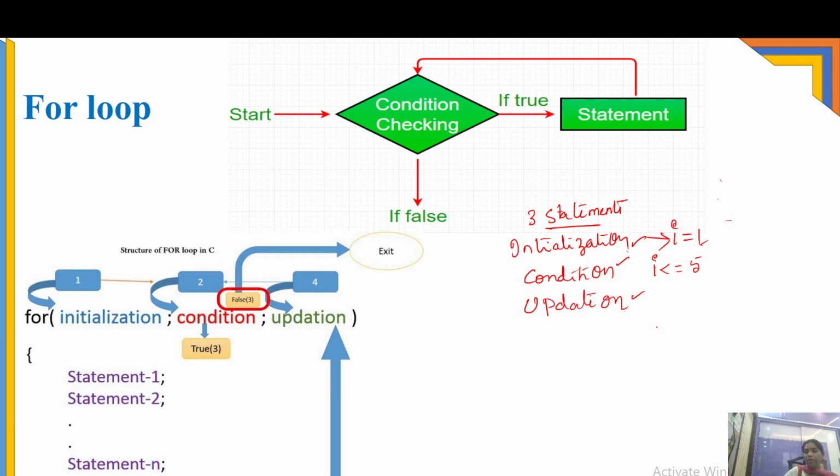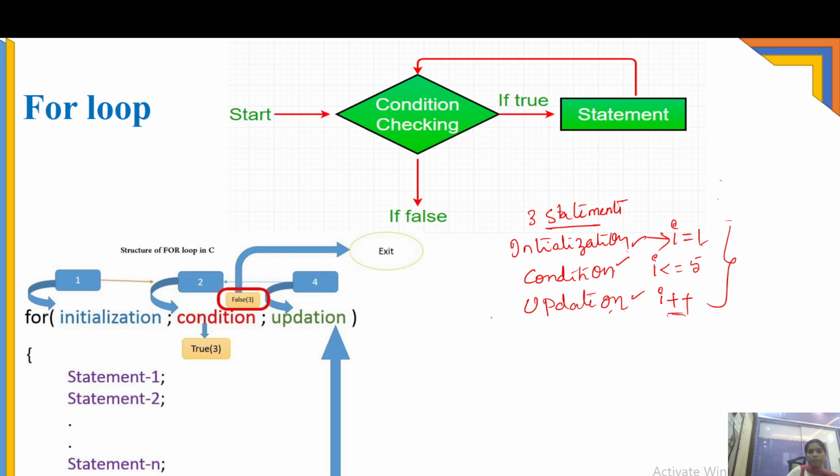First time I will be 1, next time I will be 2, right? So what will make 1 as 2? Increment operator, I plus plus. This is post increment, you can use pre increment also, but the result will be different. So these are the initialization, condition, updation.